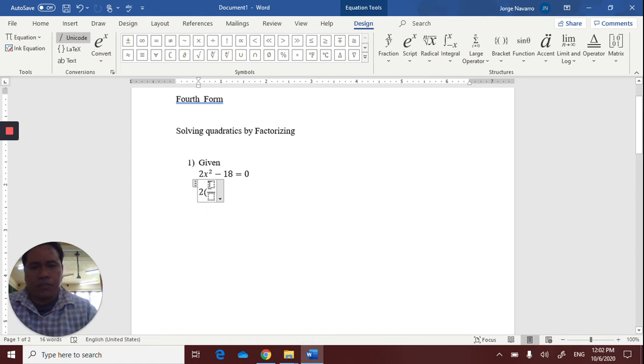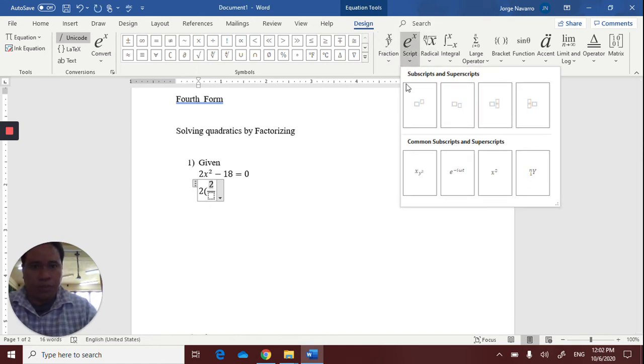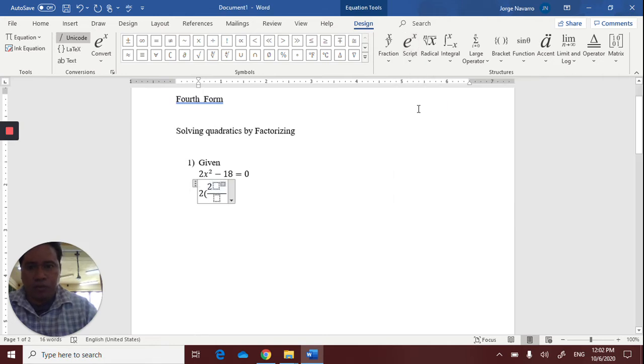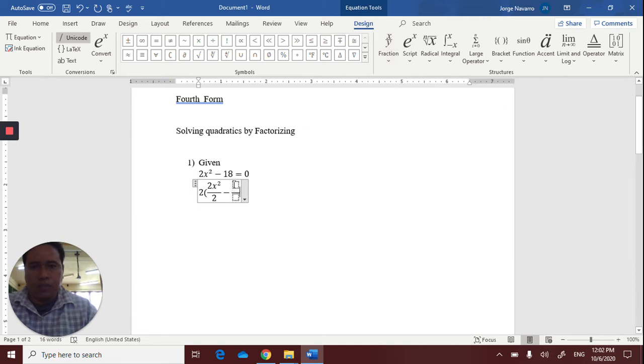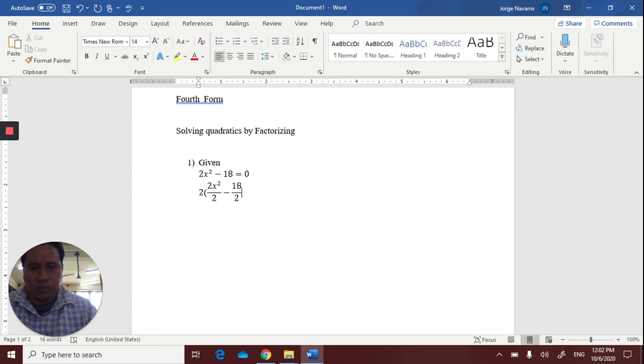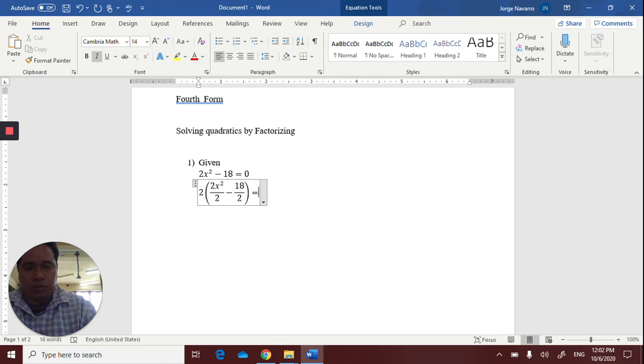The entire process: we're going to have 2x squared over 2, minus 18 over 2, equals 0.